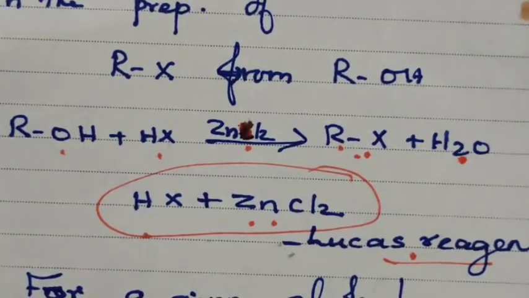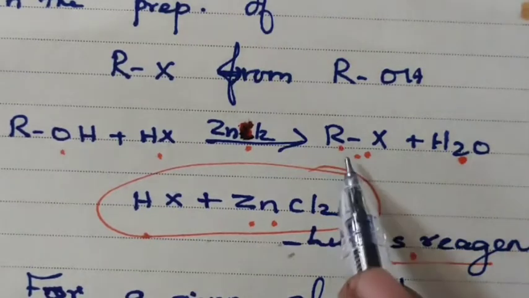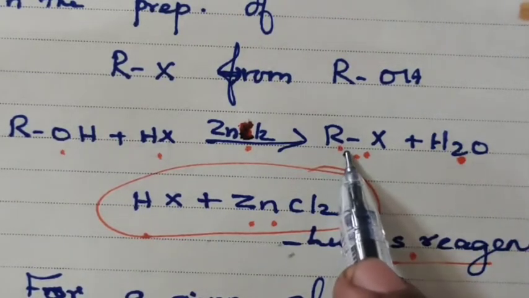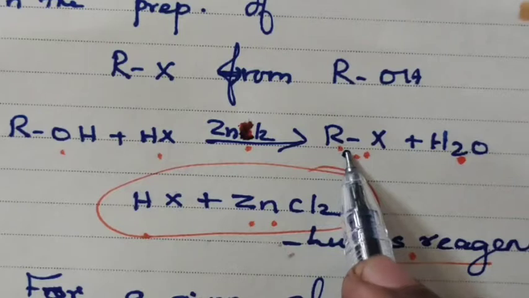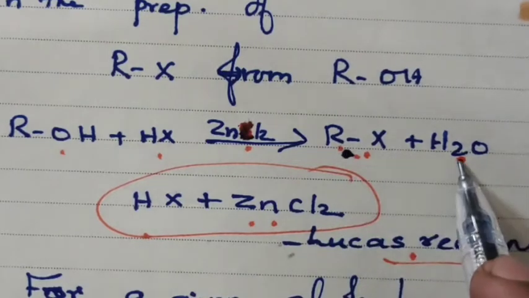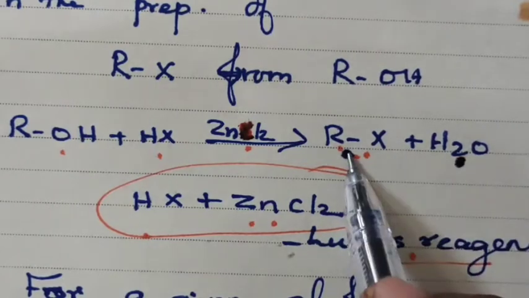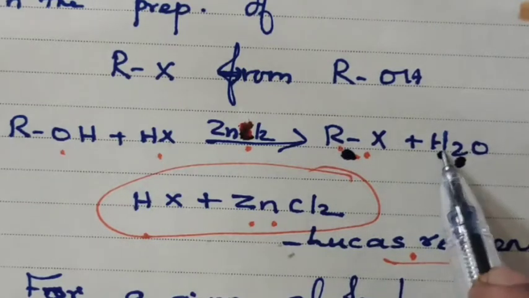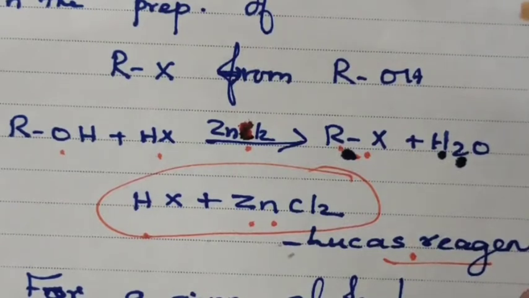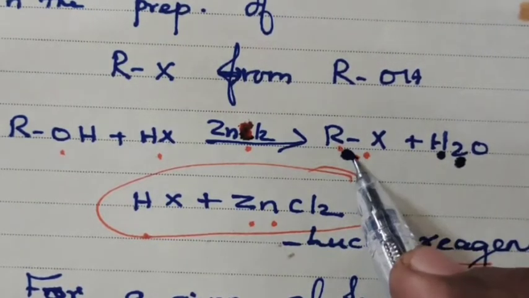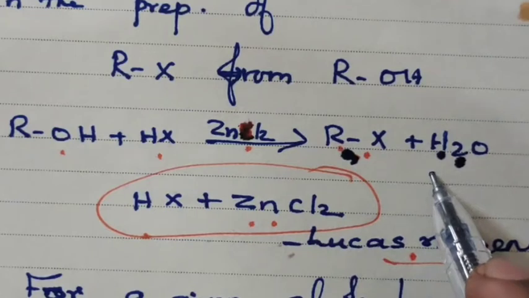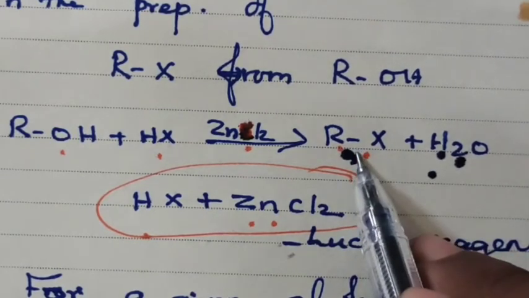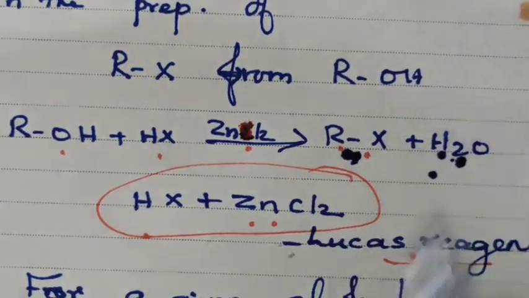In this Lucas test, the RX, that is alkyl halide, formed during the reaction is insoluble in the medium. Medium means water. So the alkyl halide formed during the reaction is insoluble in water. Therefore, a turbidity will form. When the product forms, a turbidity will appear due to the insolubility of alkyl halide in water.